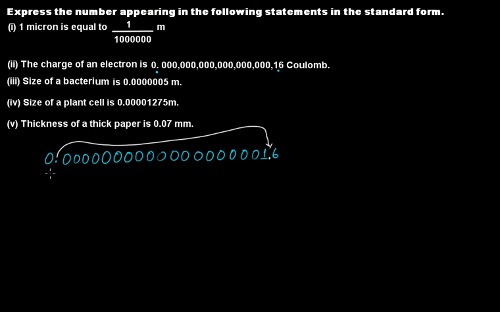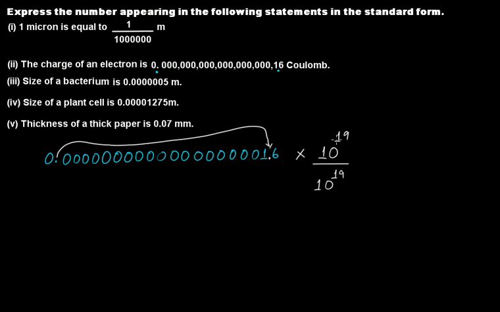To do this, what we can do is multiply it by 10 raised to the power of 19, right? Now since we have multiplied this number by 10 raised to the power of 19, you'll have to divide this number by 10 raised to the power of 19. And why? Because this number should not change.